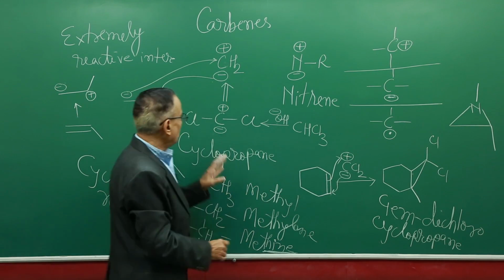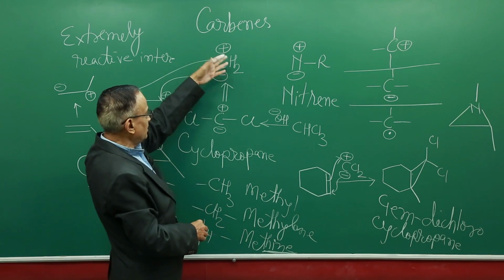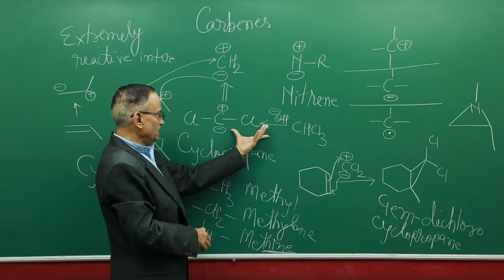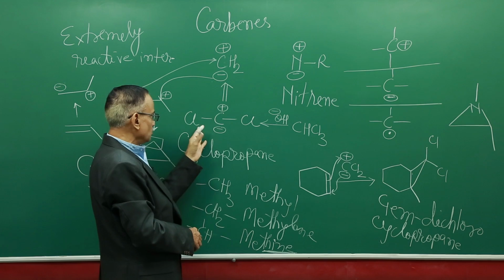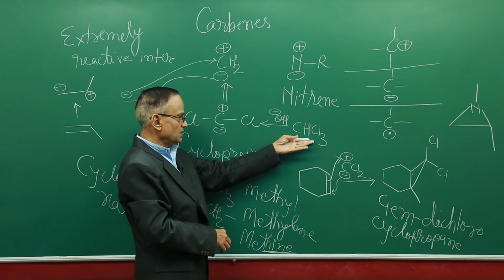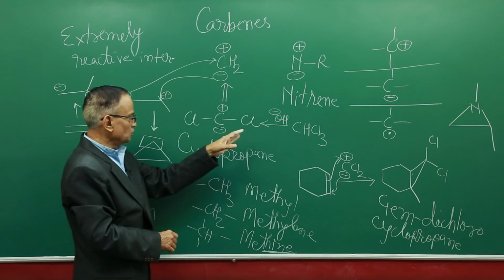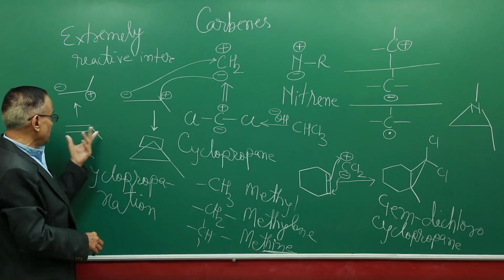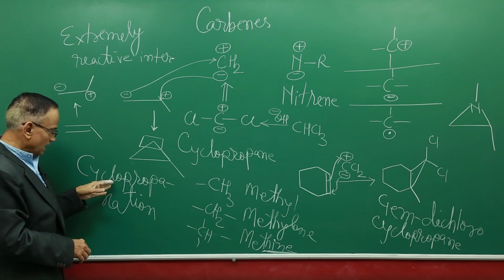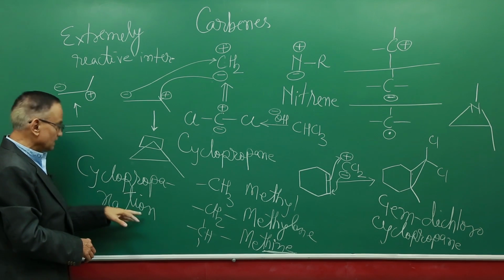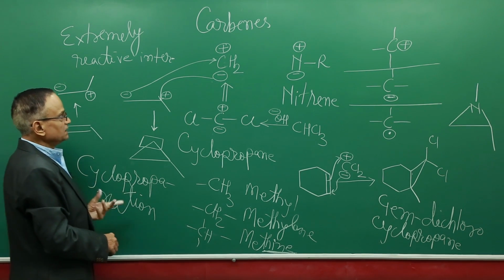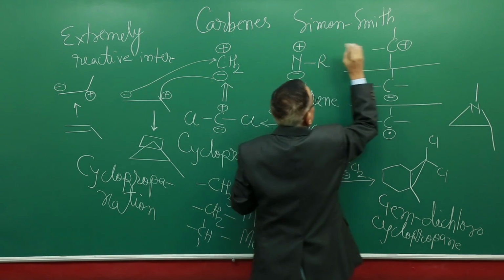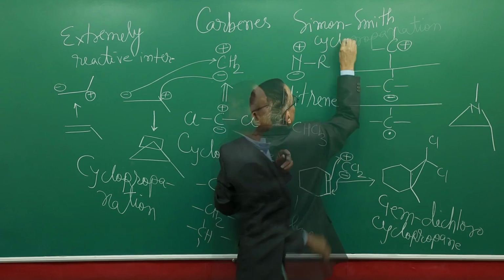So this is how the carbenes react. There are different ways again in which you can form them. This is just one example which is given, dichlorocarbene, because it is the easiest. There are other methods also, but this addition of carbene to a double bond is what is called cyclopropanation, and this reaction is what is called Simmons-Smith cyclopropanation.